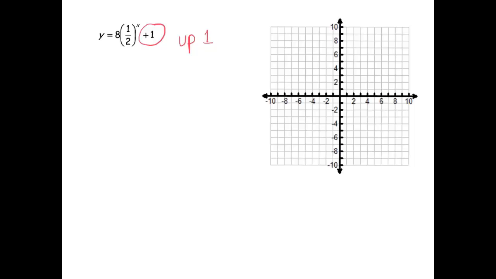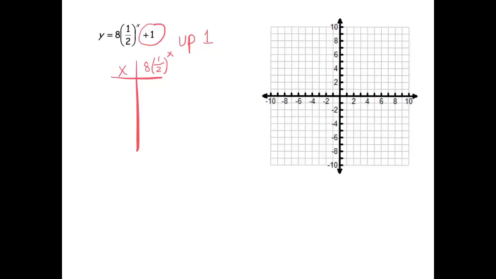So it might be easier to make a table for the parent function, 8 times 1/2 to the x. If you want to make a table for that and then move the points up 1, that's fine. Or you could just plug into the function in the first place.